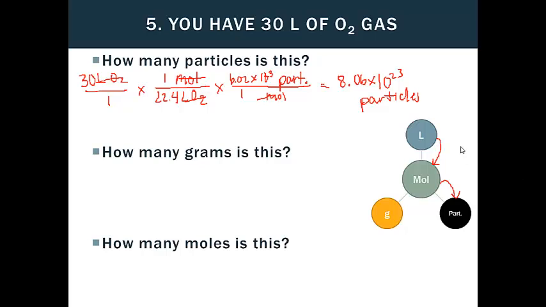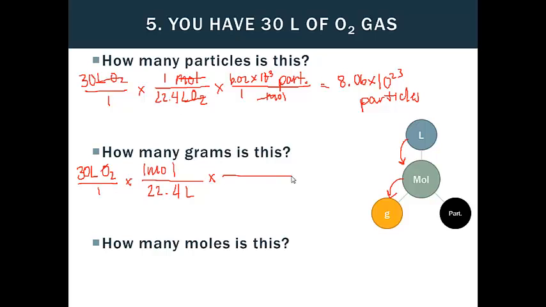So the next problem is if I have 30 liters of gas, how many grams is this? So we're going to take liters, convert it to moles, moles, convert it to grams. So I'm starting with 30 liters of O2, and I want to convert this to moles. So 1 mole we just said was 22.4 liters.